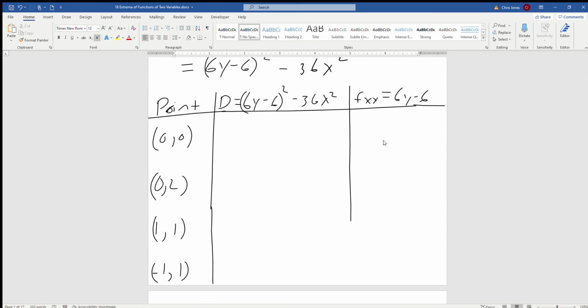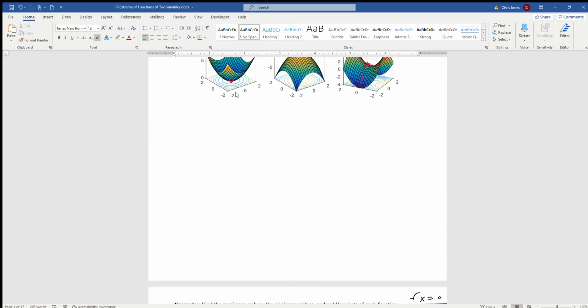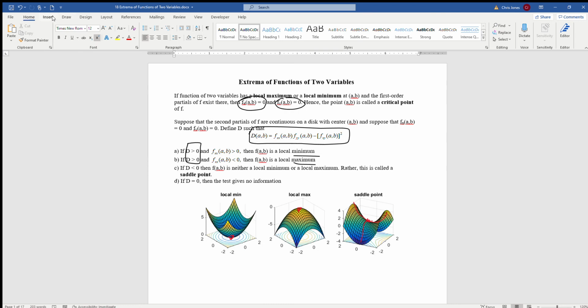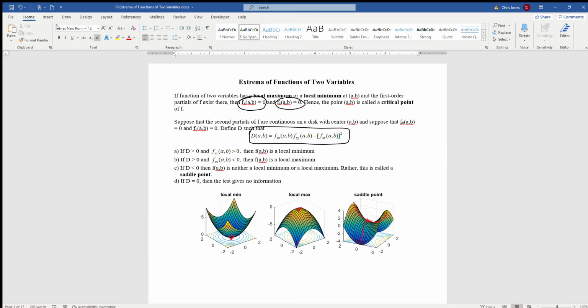So let's plug them in. If I substitute back in to the first point, D is equal to 36 minus 0 squared, so that's 36. Remember, it might be helpful for us to have these rules just because it's our first time. I'm just going to cut and paste these so we have them.